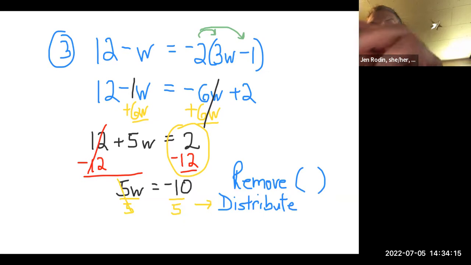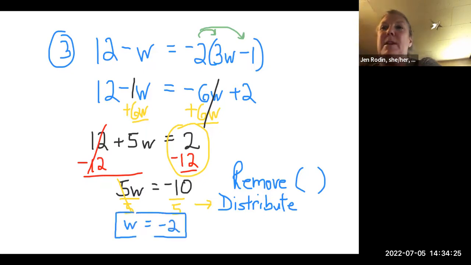So W is going to be -10 divided by 5. -2. Again, weird that that must be my number, huh? If I was a gambler, that's the number I would pick today, huh? -2 keeps coming up. So look that over. Does anyone have a question about that one? That is one of the more tricky ones in section 3.1.